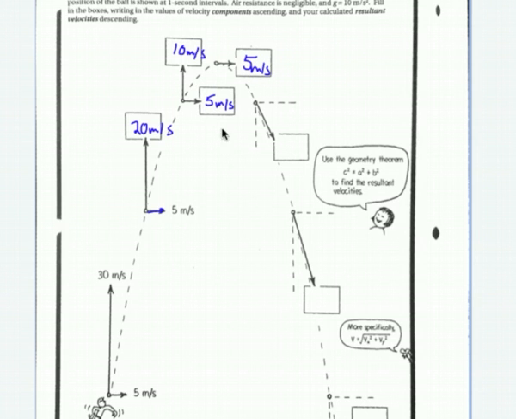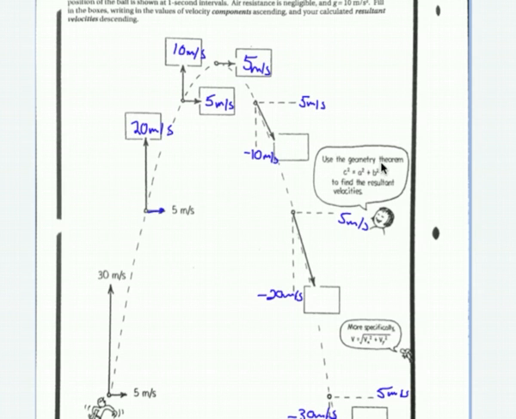And then as we go down, our horizontal velocity stays at 5 meters per second, and our vertical velocity matches the magnitude of the vertical velocity on the other side, but changes direction. So we have 5 meters per second, and then negative 20, and here 5, negative 30.